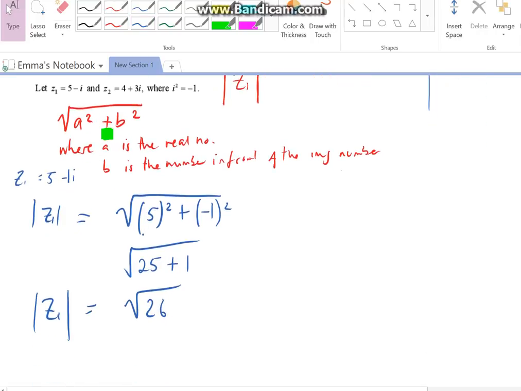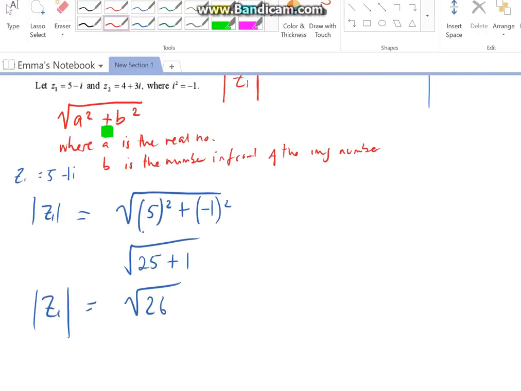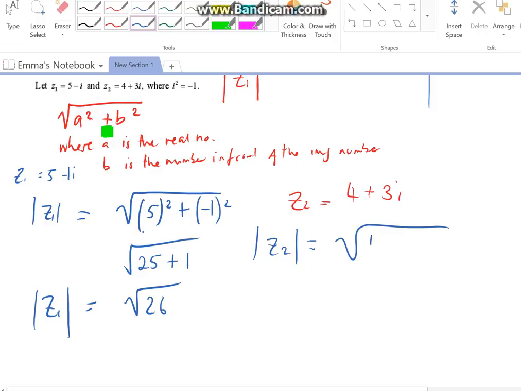Okay, and we'll do the same with z2 this time. So we know from the question that z2 is 4 plus 3i. So let's find the modulus of z2. We get the square root of a squared, which would be 4 squared, so put the 4 in brackets, plus b squared, the number in front of the i, which is 3, so we put 3 in a bracket and squared.